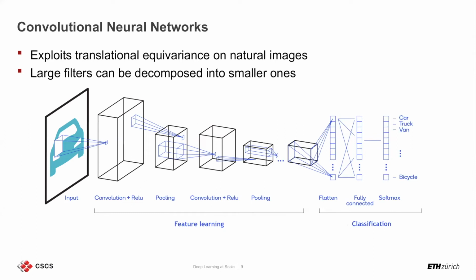I guess most people are very familiar with CNNs, but anyway, I will just quickly say something about it. Basically it exploits this translation equivariance, right? You have the shared weights all over the filters. The model will be a series of layers.